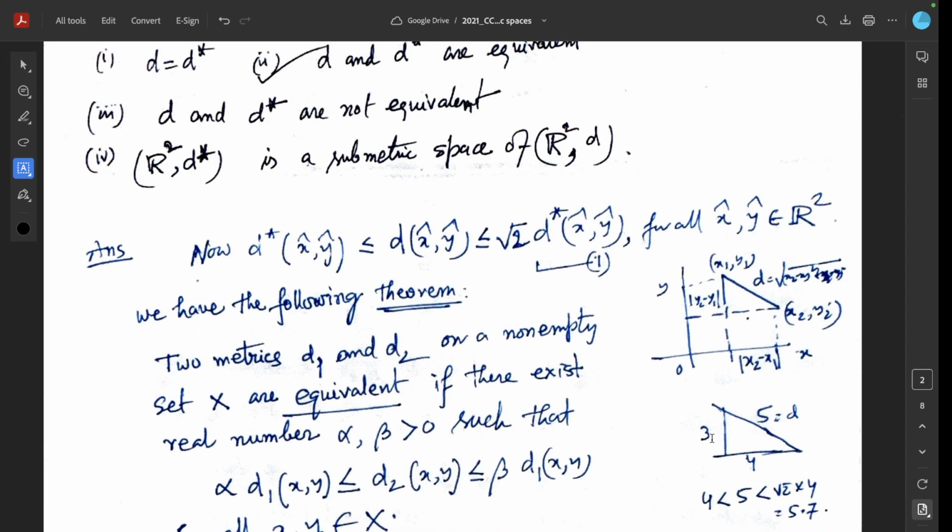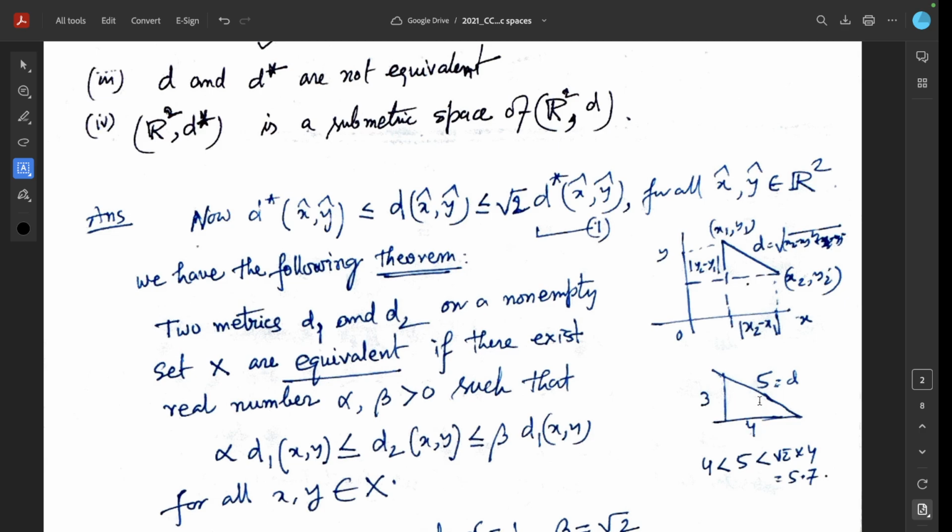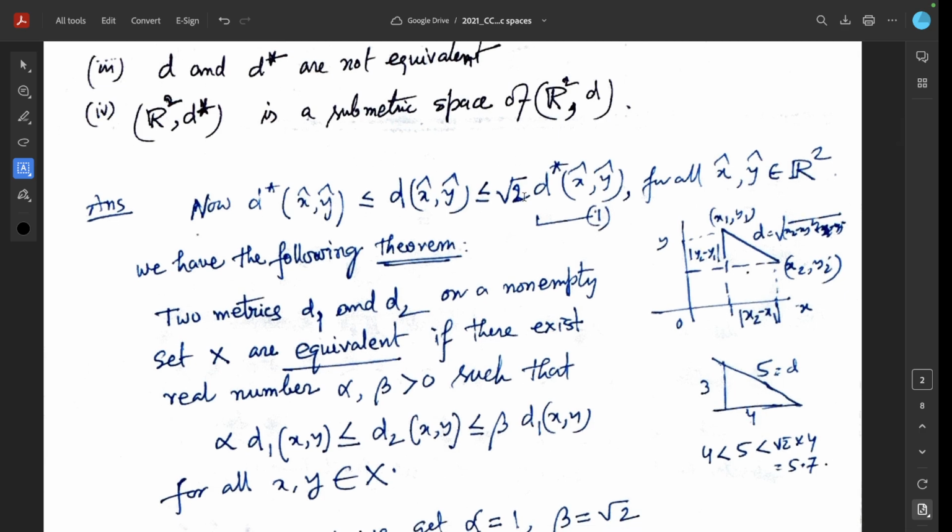So, for example, this is 3 and this is 4, and this is 5, this is d. So obviously 5 is greater than 4, and 4 is less than 5, which is less than root 2 into 4. Root 2 into 4 means 5.7. So just consider this example for this relation.